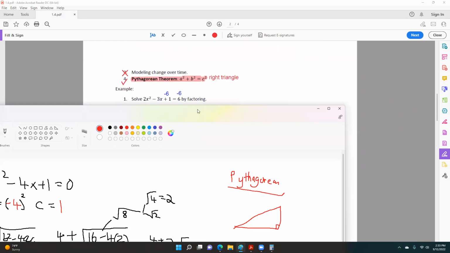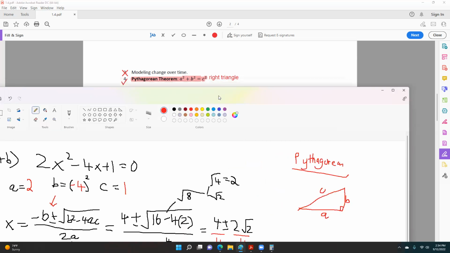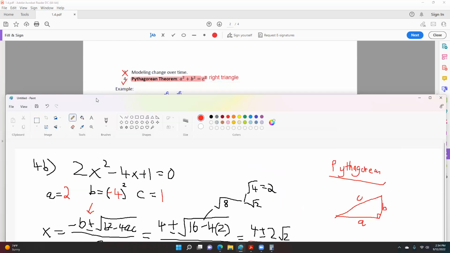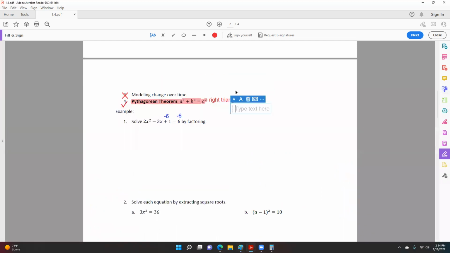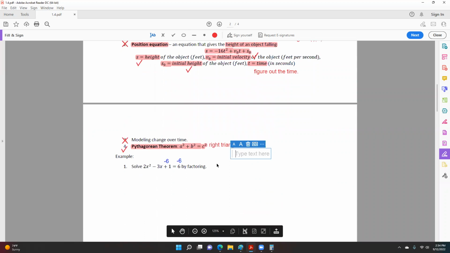A and B have to be the legs of the triangle. Legs means the ones that form the 90 degrees. And C has to be the hypotenuse. So this is the Pythagorean theorem that you need to know, a very important theorem. So these are the 2 application problems that we'll be using a lot in our class, especially during tests: the quadratic equation that involves area, and the Pythagorean theorem. These are the 2 major ones.